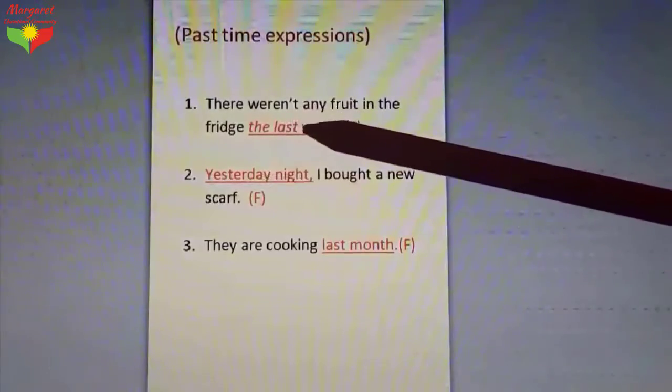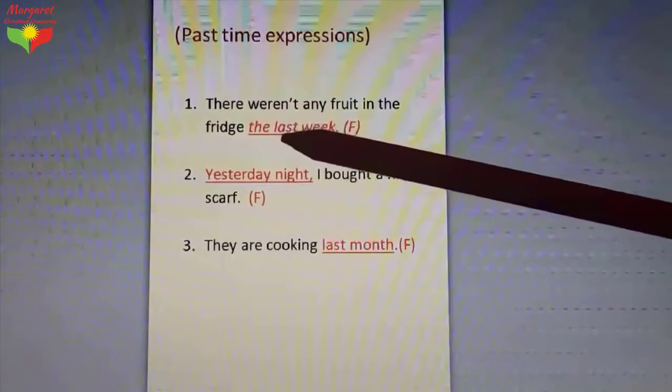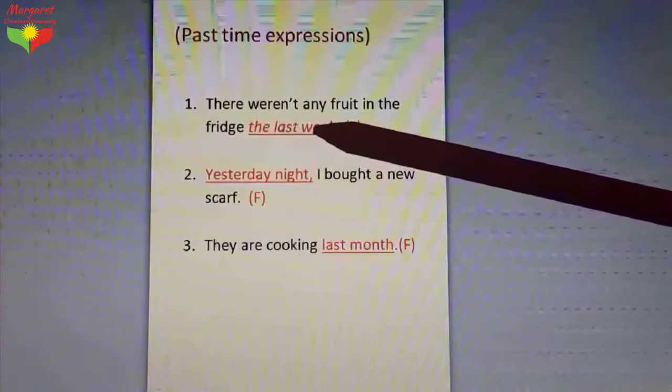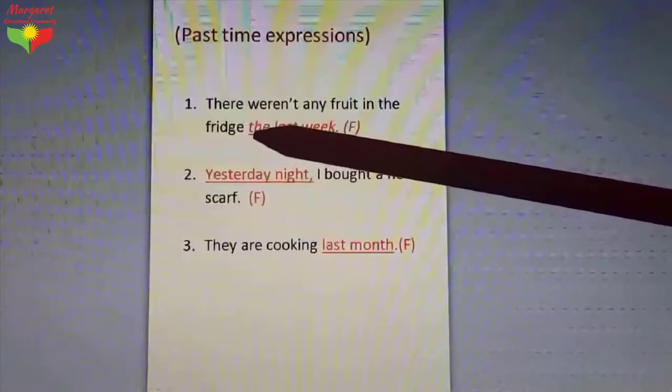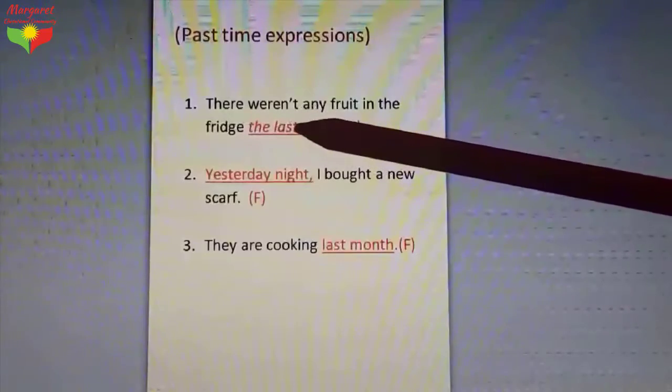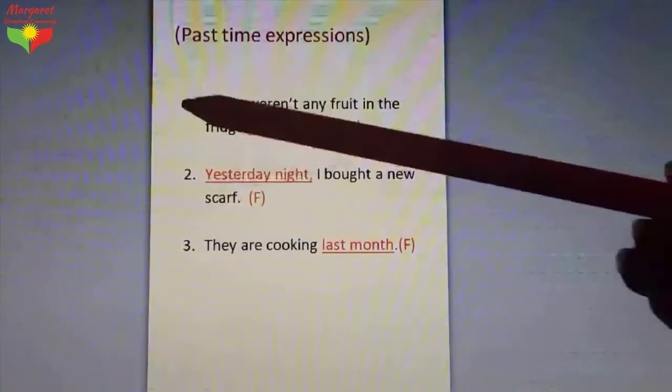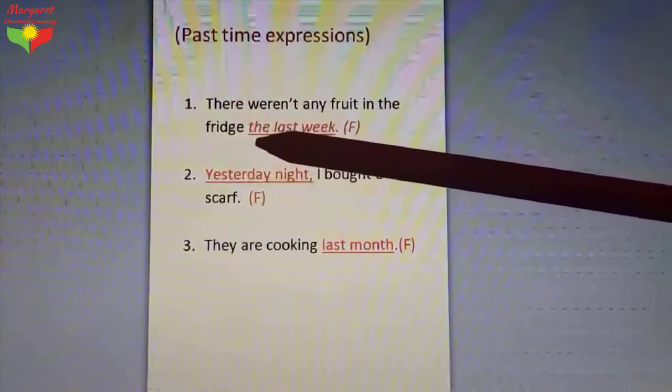So, this is one of them. Never ever say the last week. Because I put the before last week, this sentence will be false. It is false because it doesn't need the.